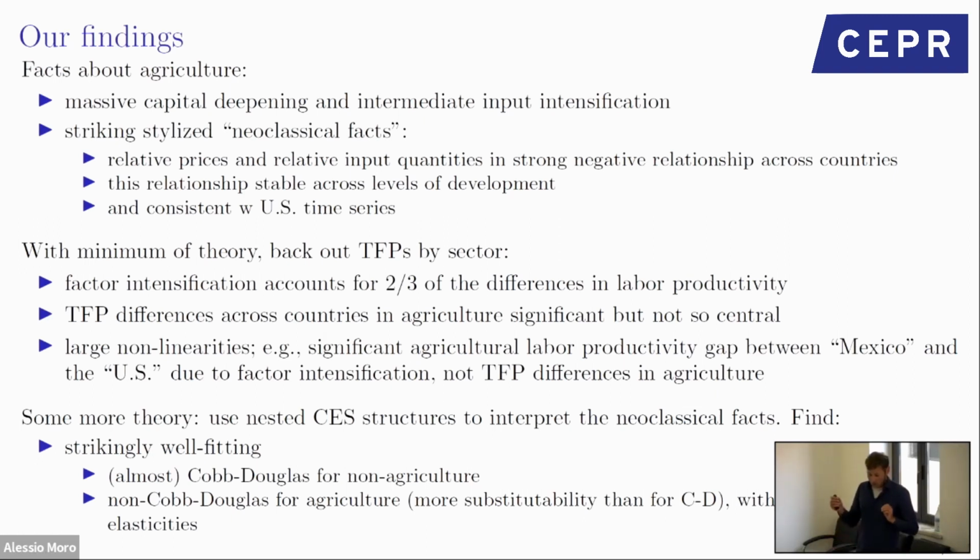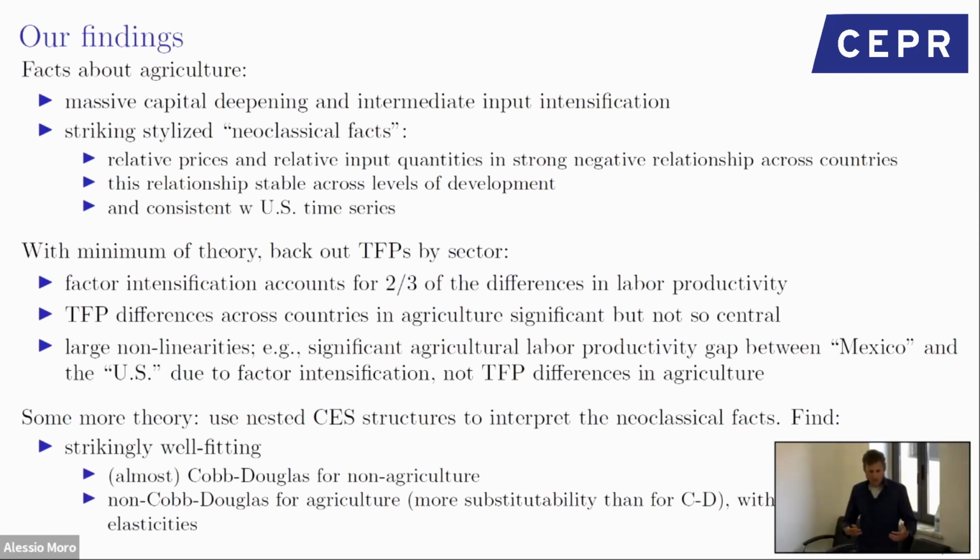If we plot those stylized facts, those patterns are really striking. They just jump at you and shout out the neoclassical predictions, because what we systematically see is that across countries, some factor prices are lower. For instance, in poor countries, wages are relatively low relative to the rental rate of capital.